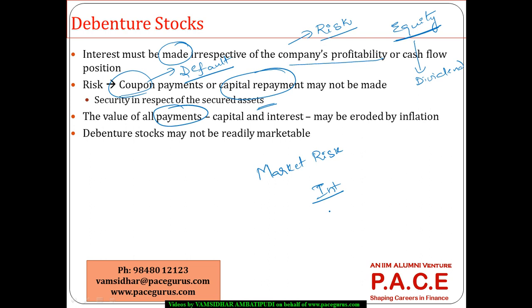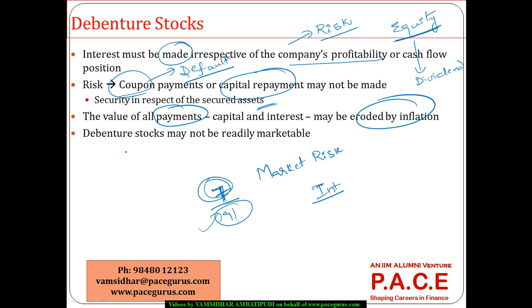But at that point, if the market interest rates are much higher, let's say I would be getting a rate of 7% after 1 year, but after 1 year the interest rates are 9%. So what I am getting is much lesser than the prevailing interest rate. So in that case, the value is more or less eroded because of inflation. So that is one more risk that can come into the picture.